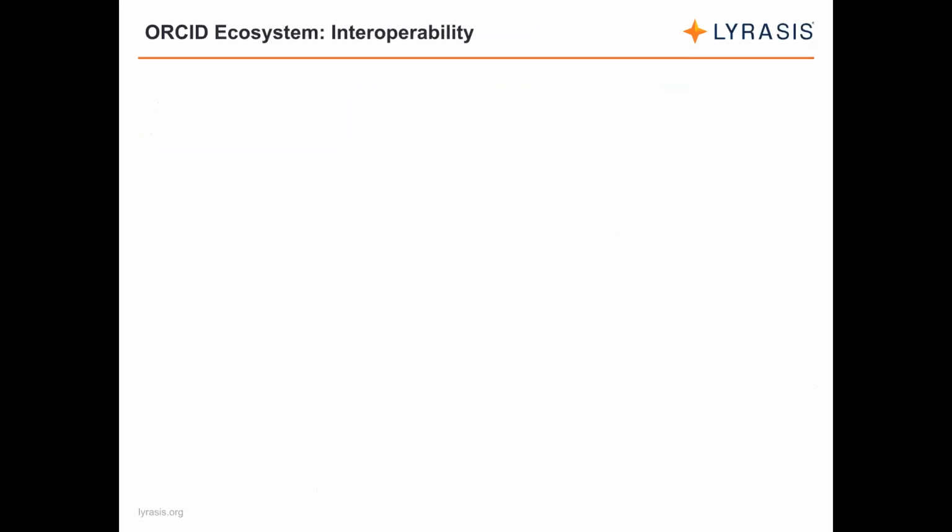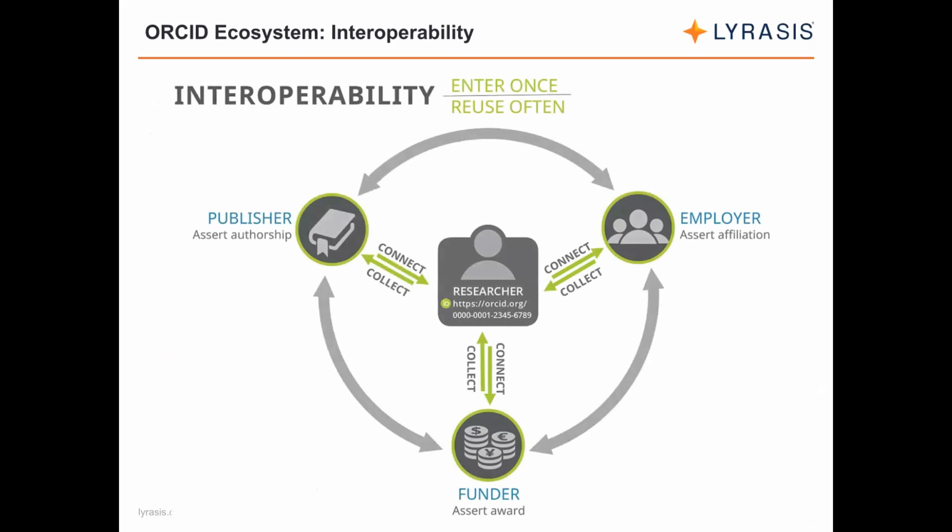But ORCID is more than just an identifier. It also provides a mechanism for interoperability between workflows and systems in the research and scholarly communication ecosystem. So this diagram illustrates that ecosystem, showing the researcher at the center with their ORCID ID, and then the other stakeholders around the outside: the employers, which are often research institutions, as well as funders and publishers.